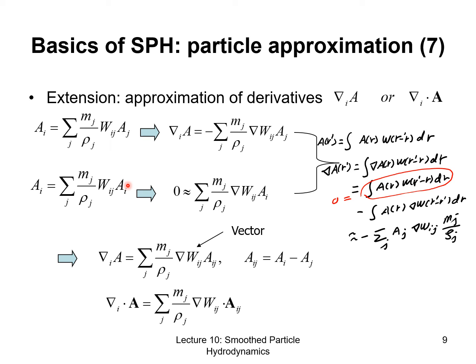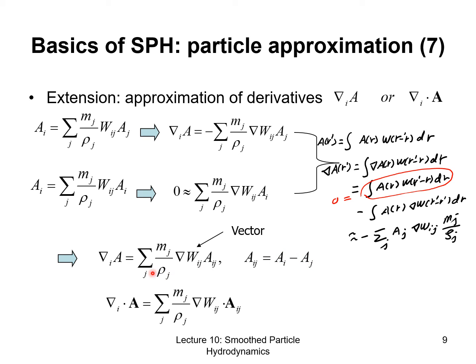And theoretically, if you approximate the gradient of a constant value, it basically leads to 0, because the gradient of a constant value is 0. Even so, adding these two together or subtracting them from each other will not change anything. So basically we can rewrite the approximation of the gradient in a form which introduces the values at two points minus each other.